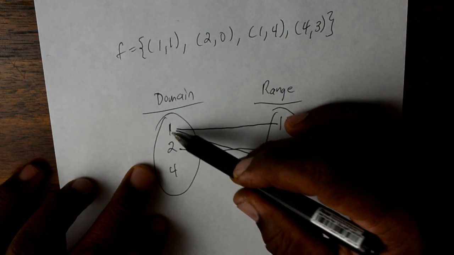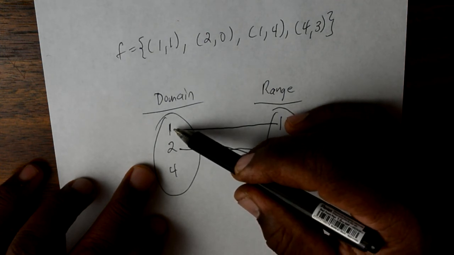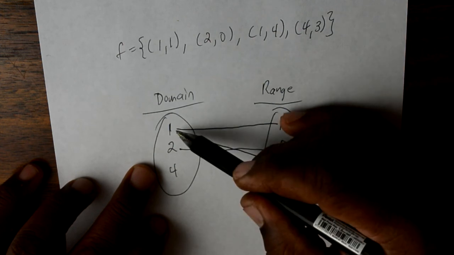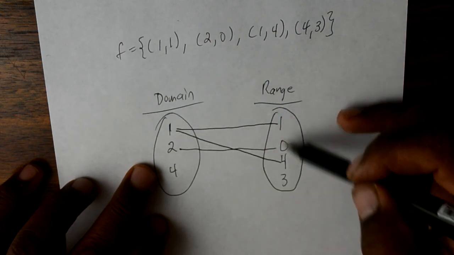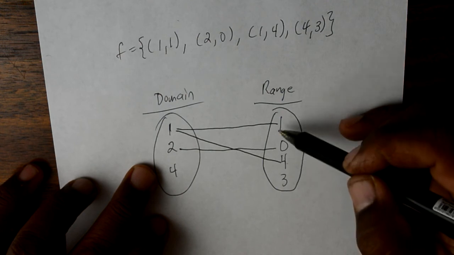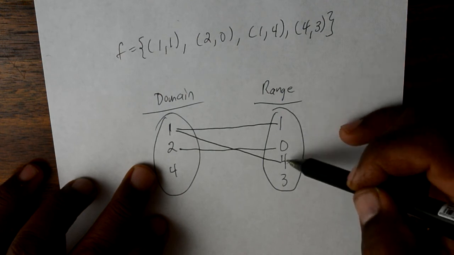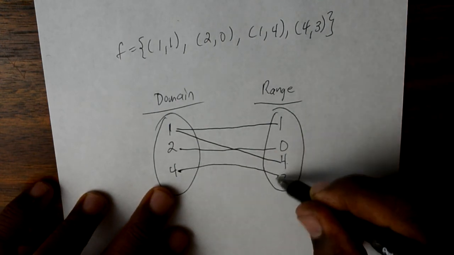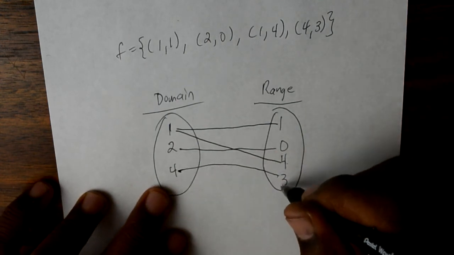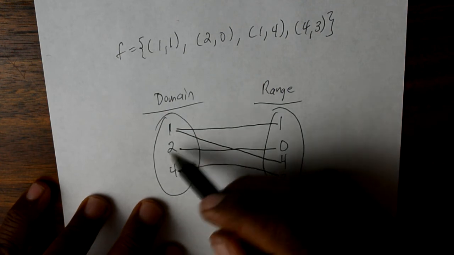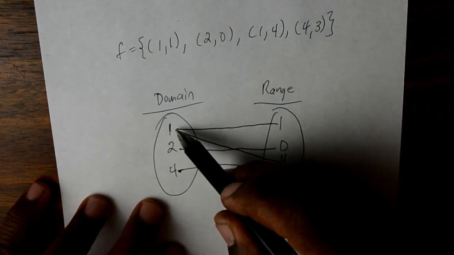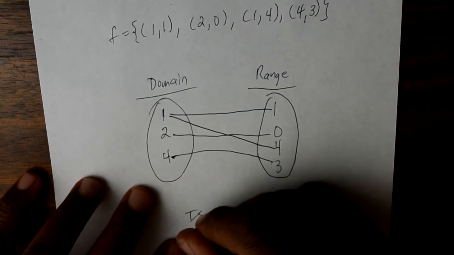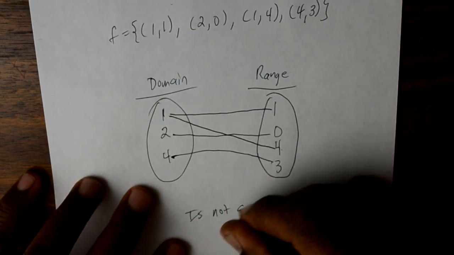Every element in the domain should correspond to exactly 1 element in the range. Notice that 1 corresponds to 2 elements in the range. 4 corresponds to 3, so 4 corresponds to exactly 1 element in the range. Since we have a violation of the definition at 1, this relation is not a function.